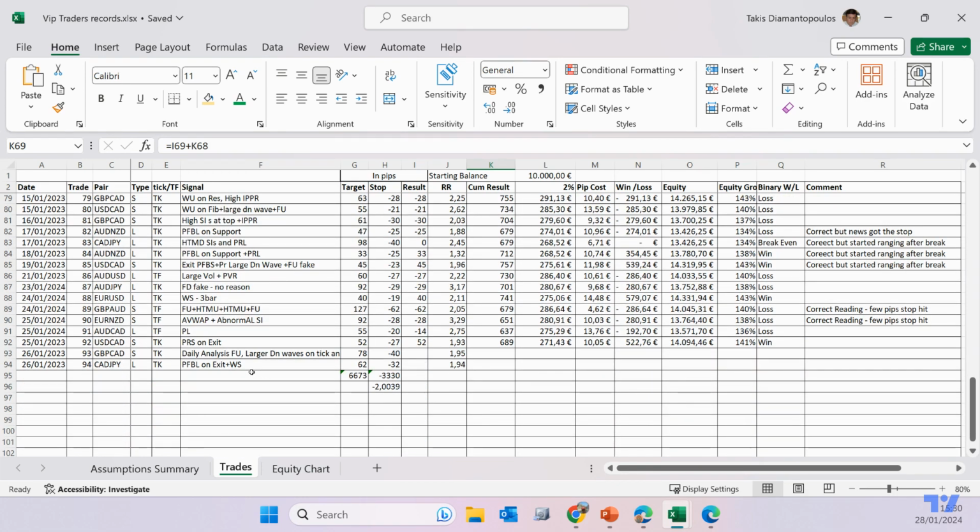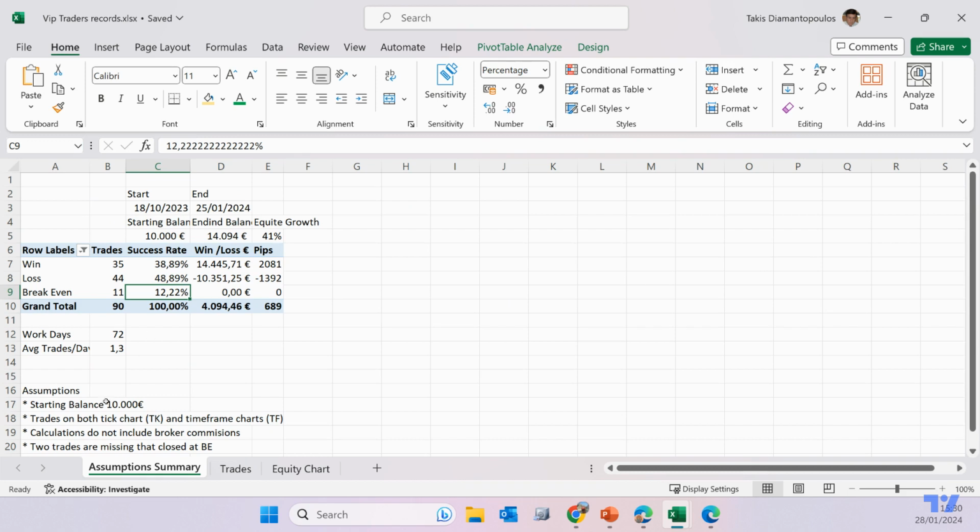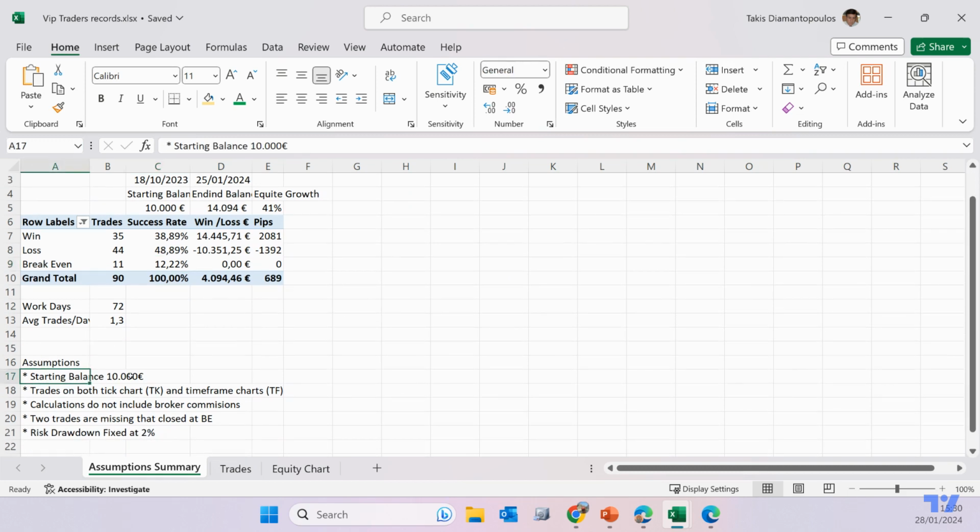So let's look at our assumptions, okay? We start the balance at 10,000. Trades are done on a tick chart or on a time frame chart. I use both types of charts to trade. Calculations do not include broker commissions or swap, okay? And there were two missing trades on the Excel that you saw. And the risk drawdown of each trade is 2%.